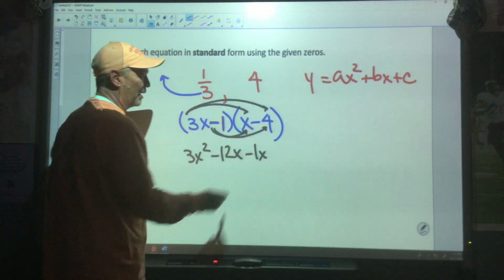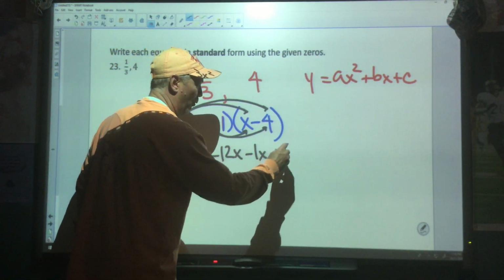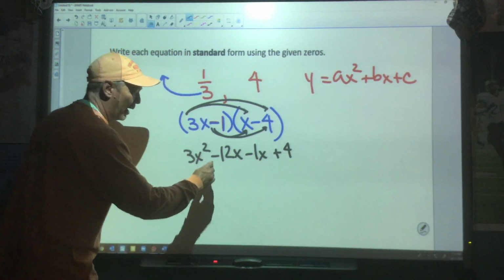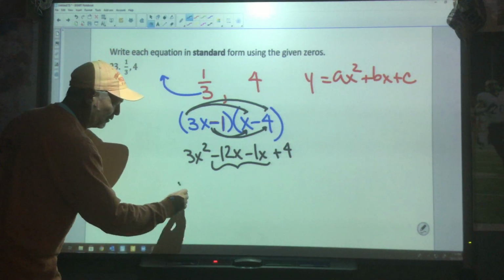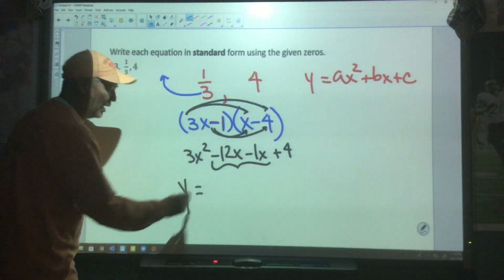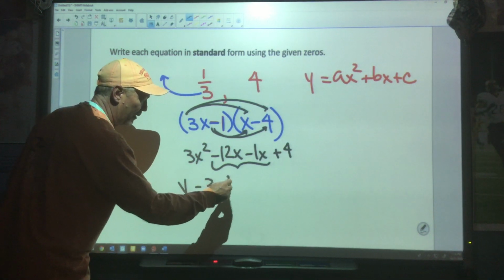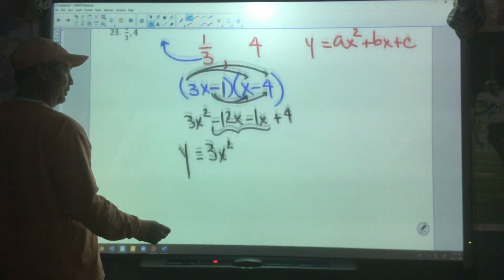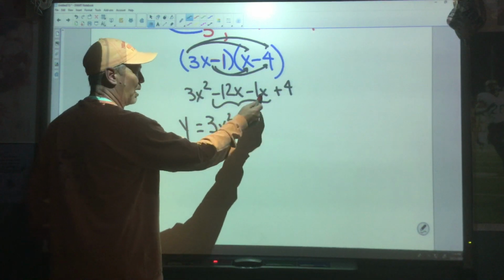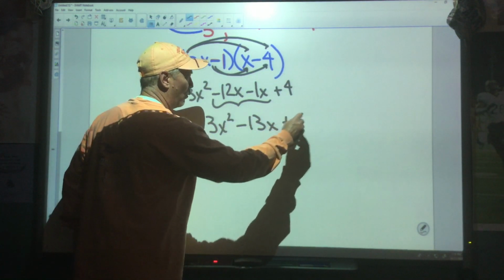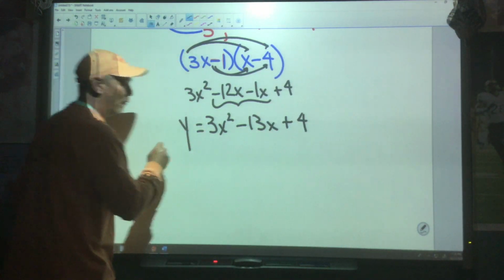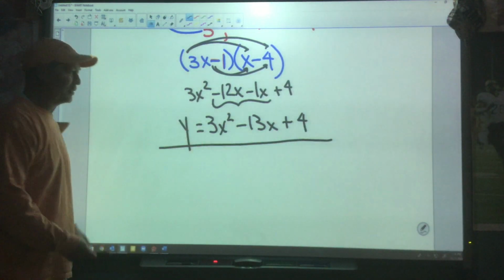Negative 1 times negative 4 is a positive 4. We will combine like terms in the middle, and you're going to tell me that my final answer is y equals 3x squared, negative 12x minus 1x is negative 13x, plus 4. Now we're in standard form. There is your final answer.